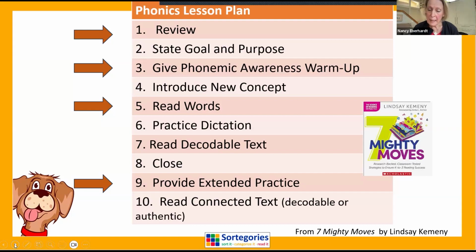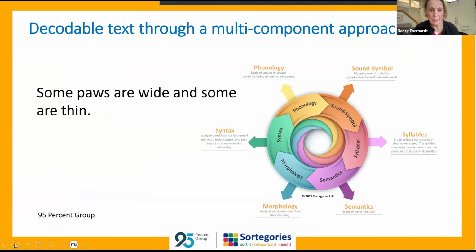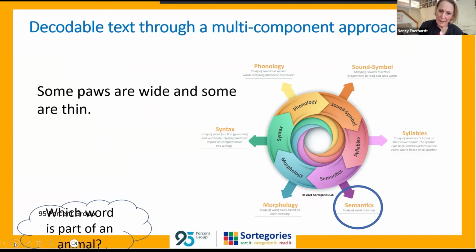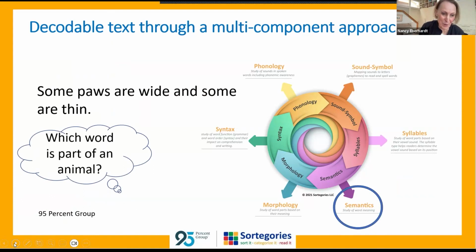But if we go to the next slide, the activity, this thought process can be applied to decodable text without using the program Sortegories. For example, if we are talking about semantics, then we might ask the question, which word is part of an animal?